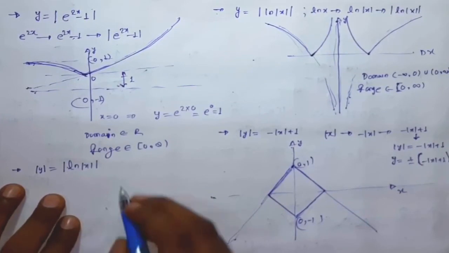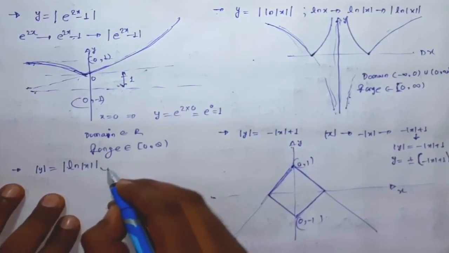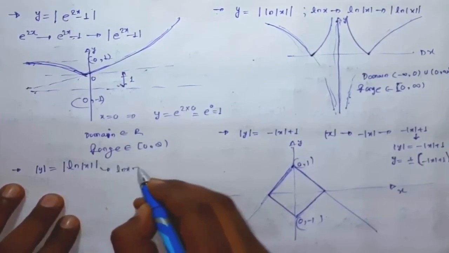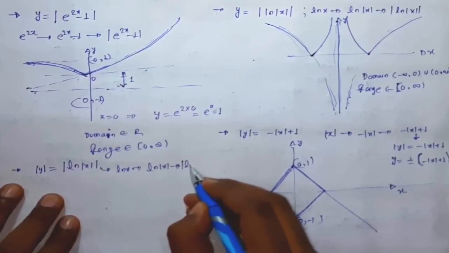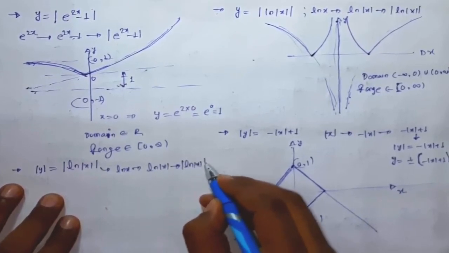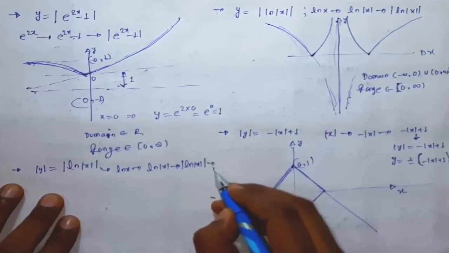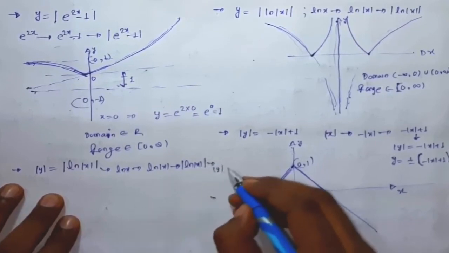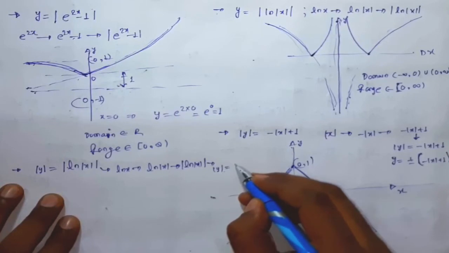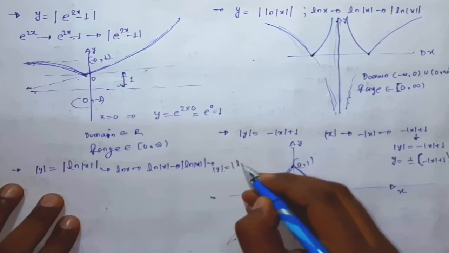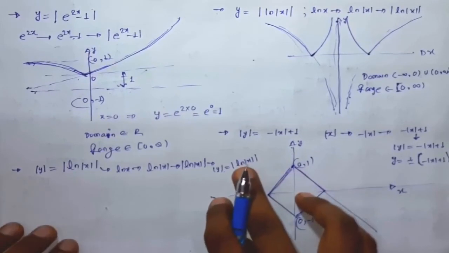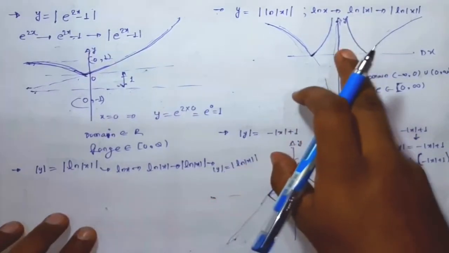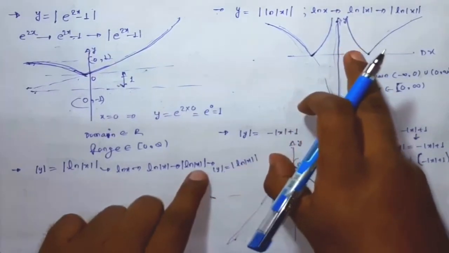So the steps for this will be ln x, to ln of mod x, to mod of ln of mod x, to mod of y equals mod of ln of mod x. This is how we can draw the graph. We have already drawn the graph up to mod of ln of mod x.